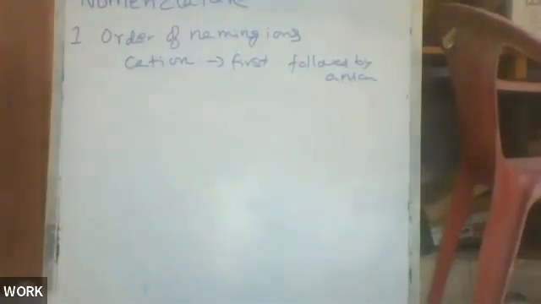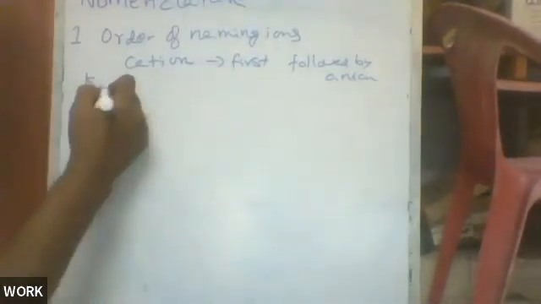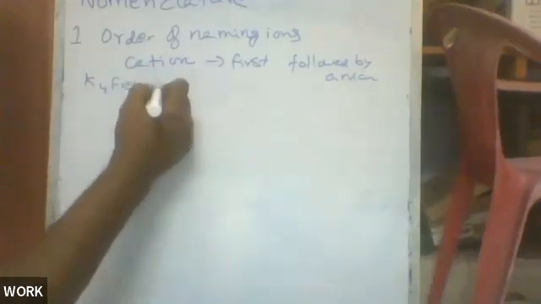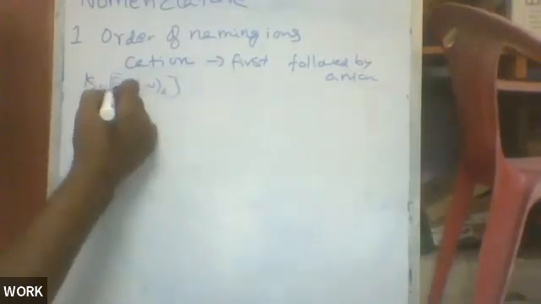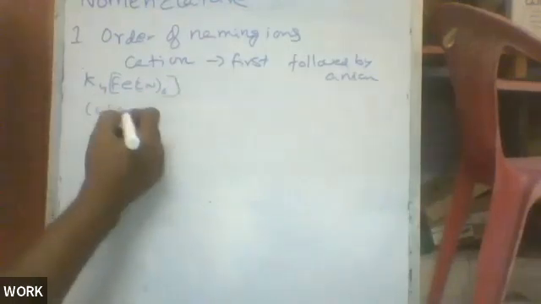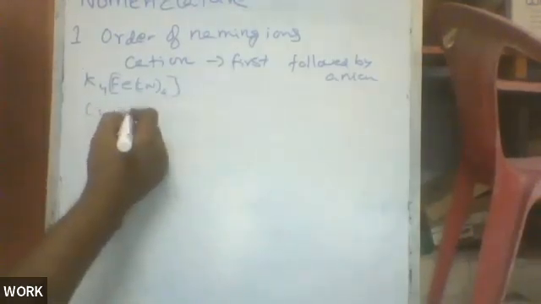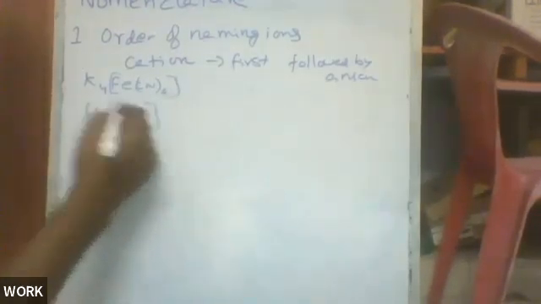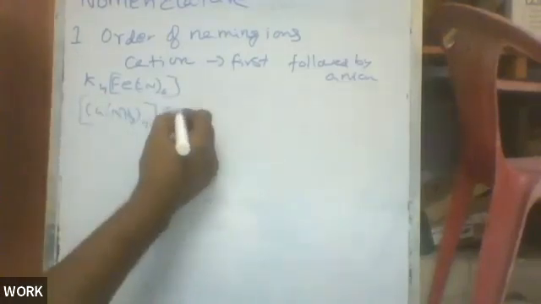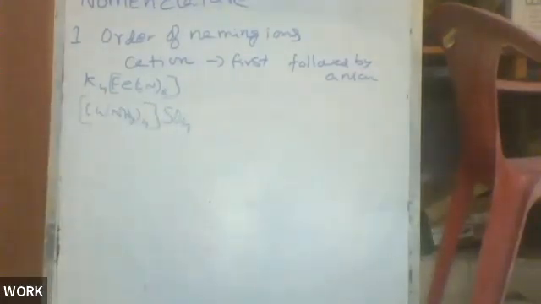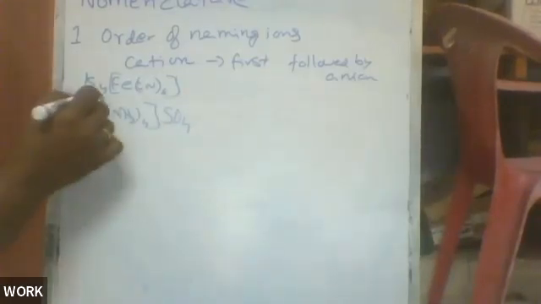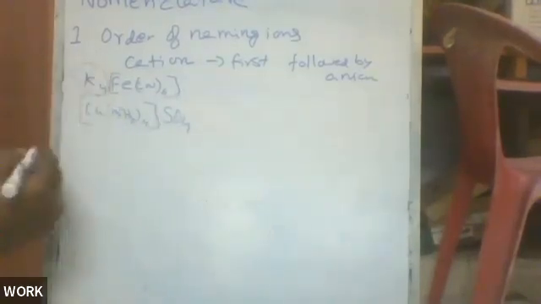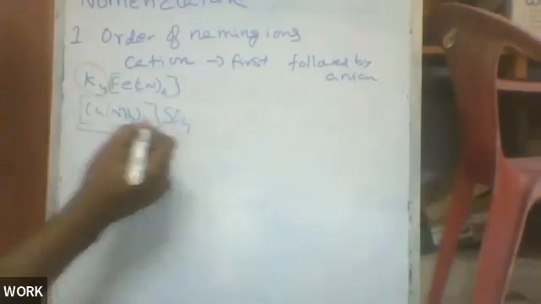If you take K4[Fe(CN)6] and [Cu(NH3)4]SO4, which is the cation? In the first one, this becomes the cation. For the second one, this becomes the cation.